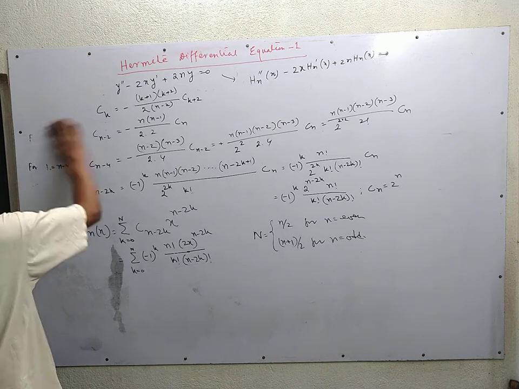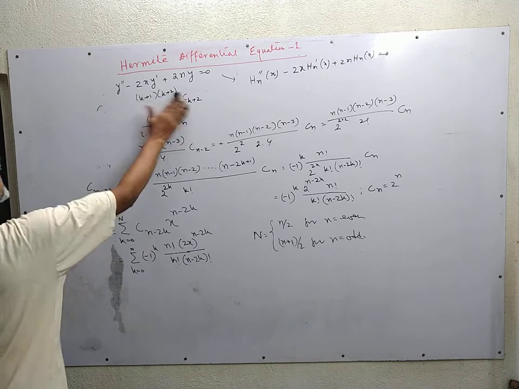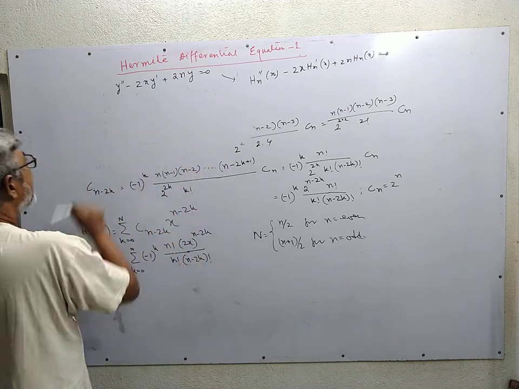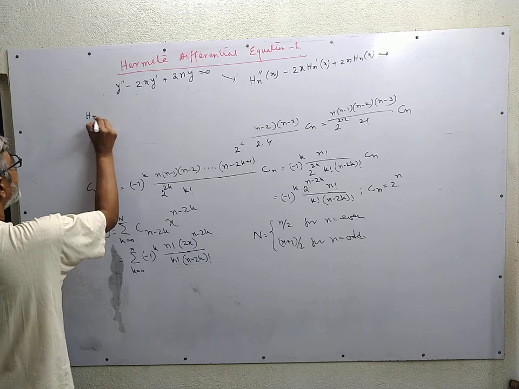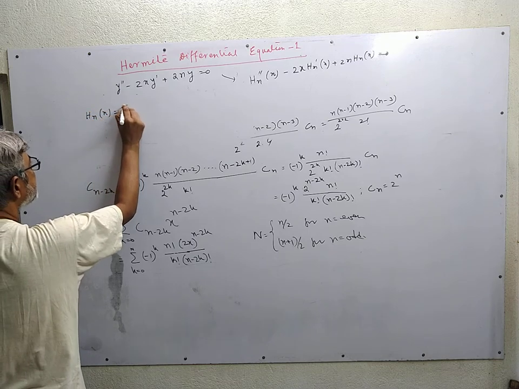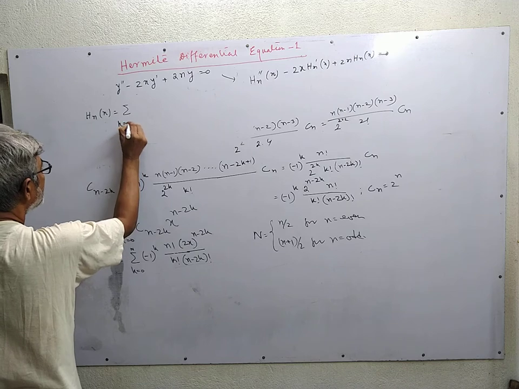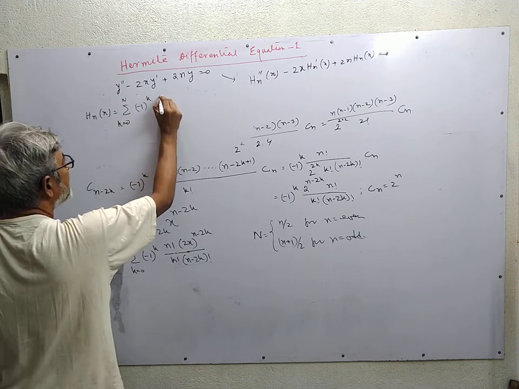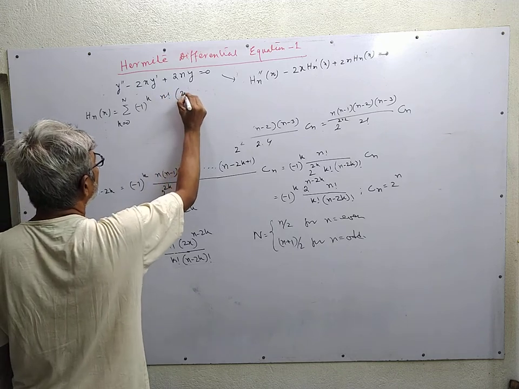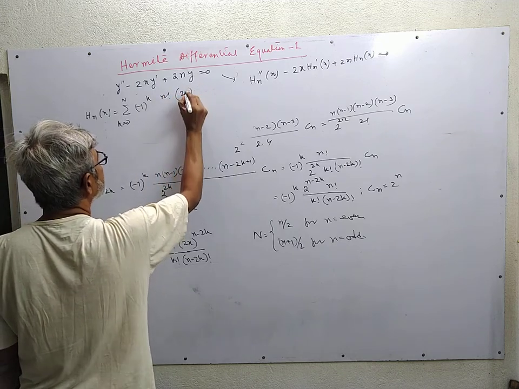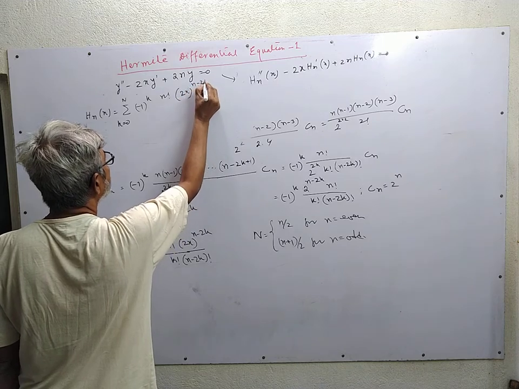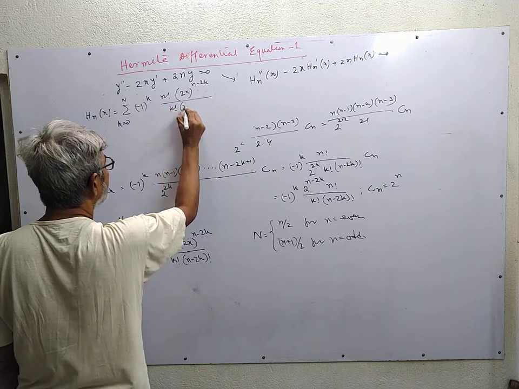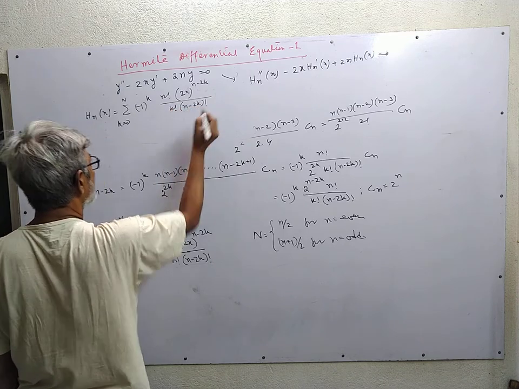So we write the series expansion for Hermite polynomial as Hn of x, n factorial 2x to the power n minus 2k, and in the denominator it is k factorial n minus 2k factorial.